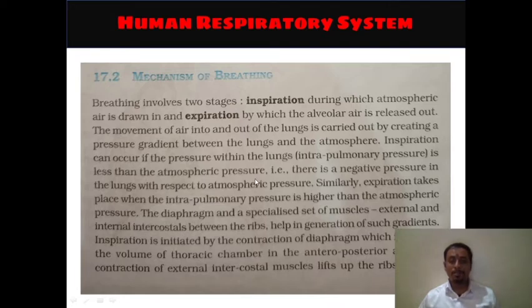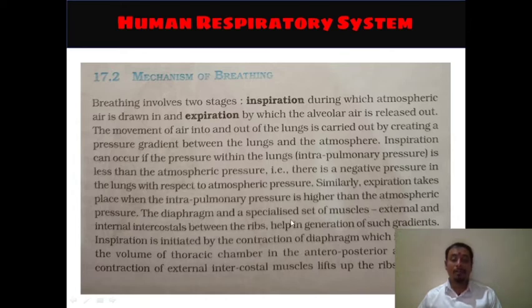There is a negative pressure in the lungs with respect to atmospheric pressure. Similarly, expiration takes place when the intrapulmonary pressure is higher than the atmospheric pressure.